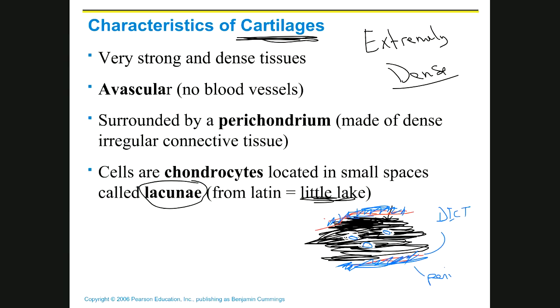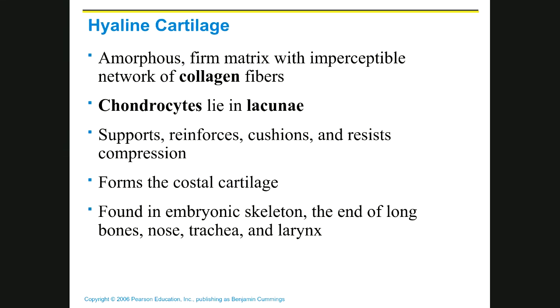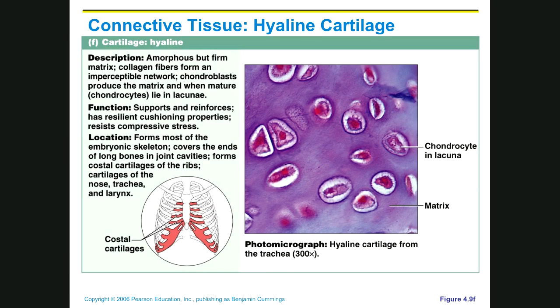So if we look at cartilage, we're going to see fibers densely packed. We're going to see the cells, and the cells are chondroblasts and chondrocytes. And they're going to be located in these little spaces called lacunae. So when we look at it, let's look at a picture first. It looks like this. So look, I can't really see fibers in here, but they're there.